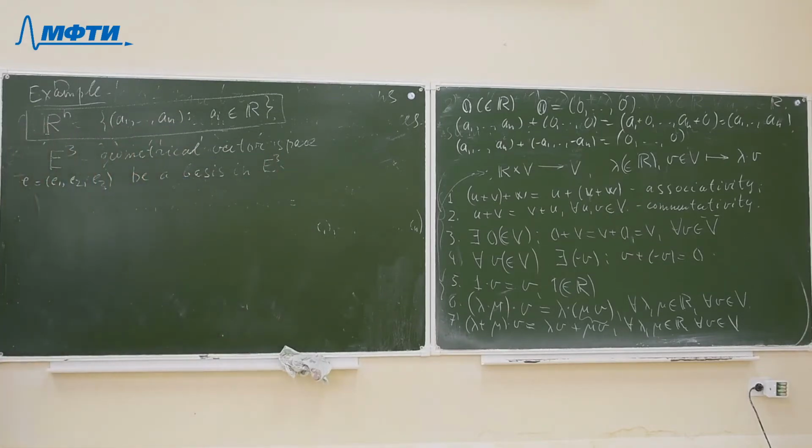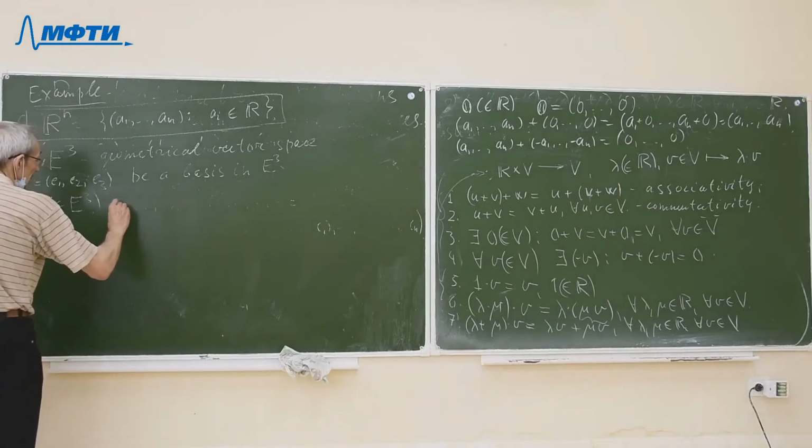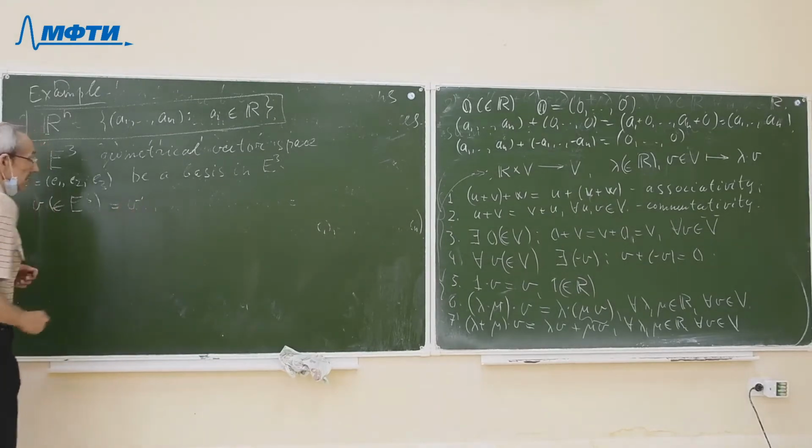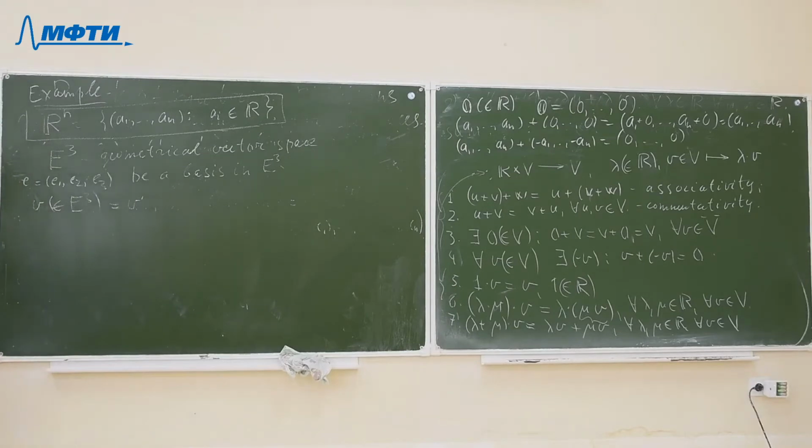If we choose some basis, we can decompose any geometrical vector v and present this vector as a linear combination of the basis vectors.